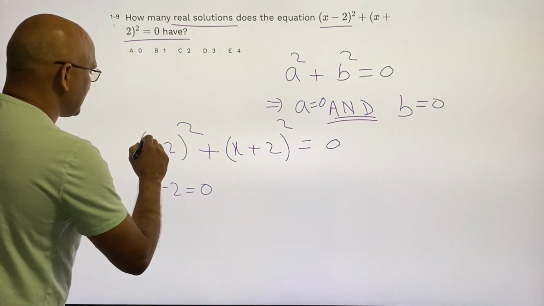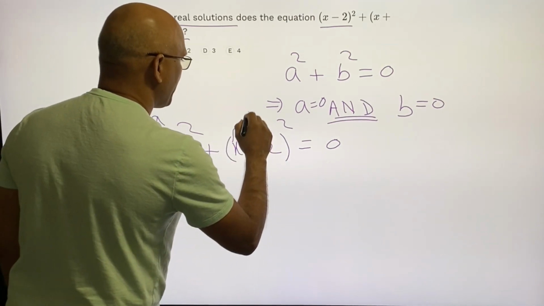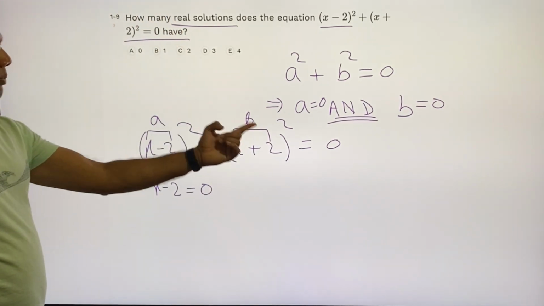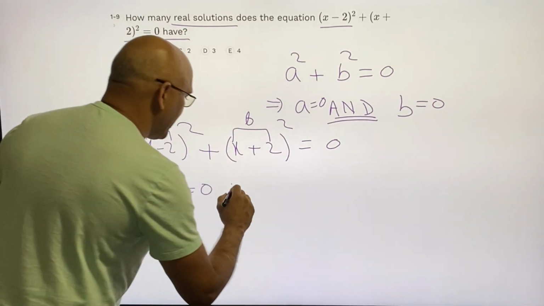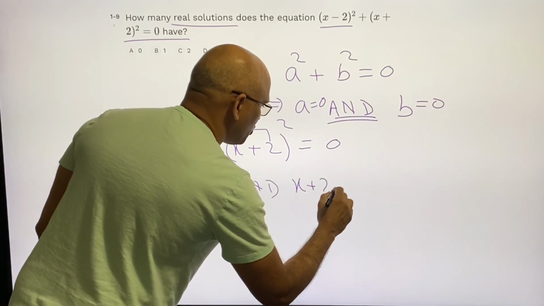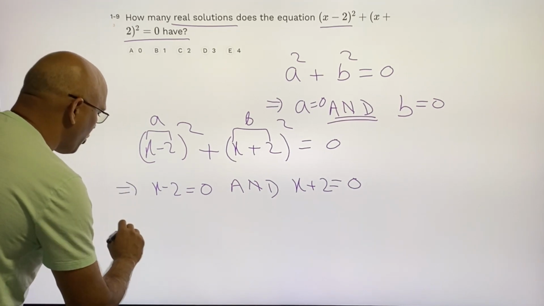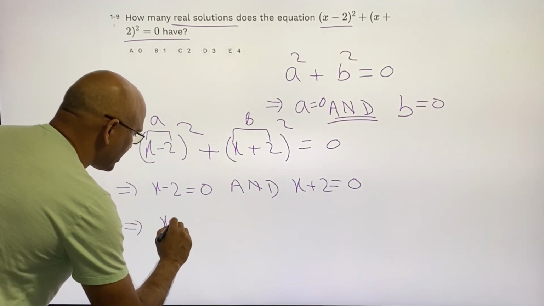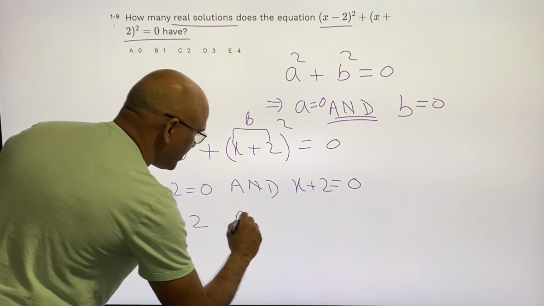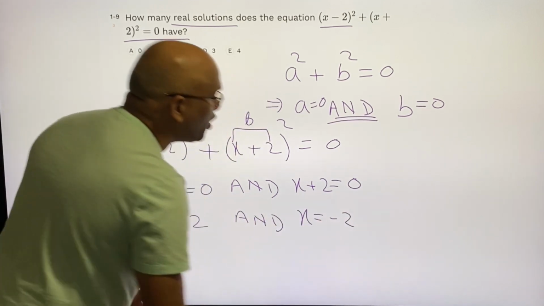So this is our a, this is our b, right? So a square plus b square. And x plus 2 is equal to 0. Now what does this tell? So x is equal to 2 and x is equal to minus 2.